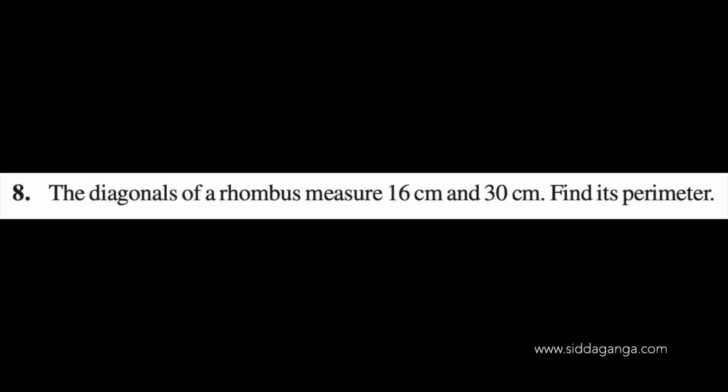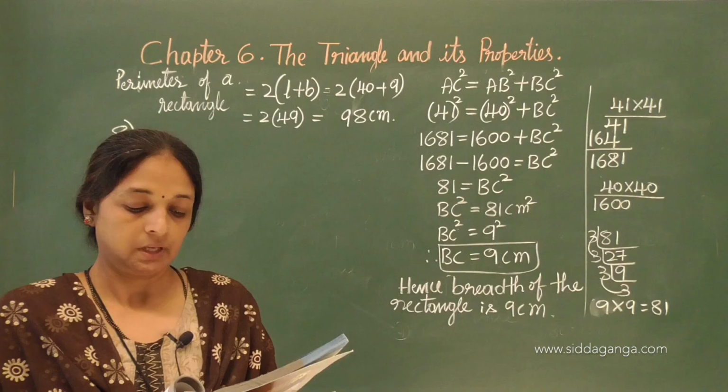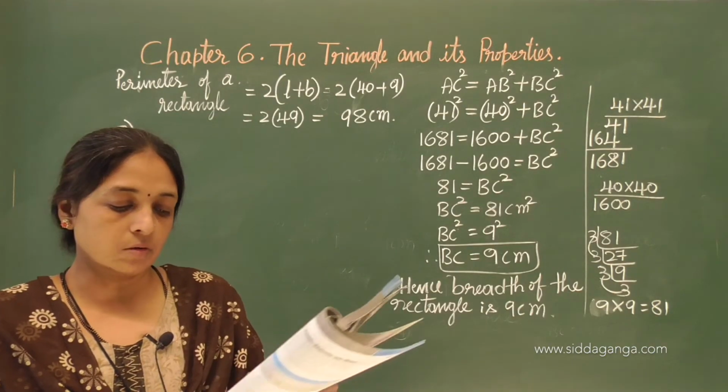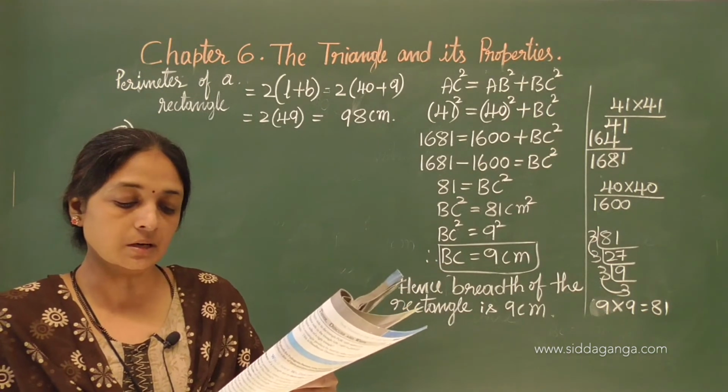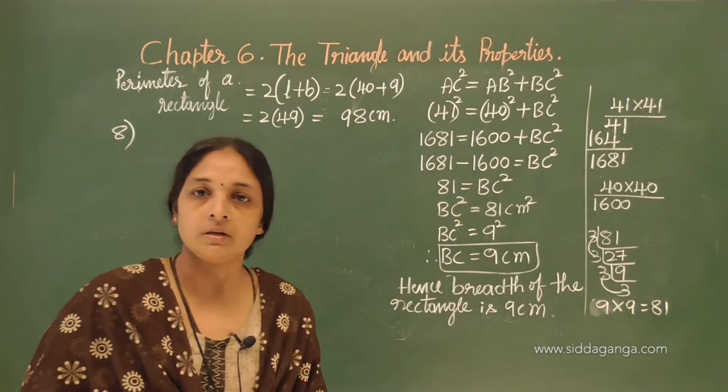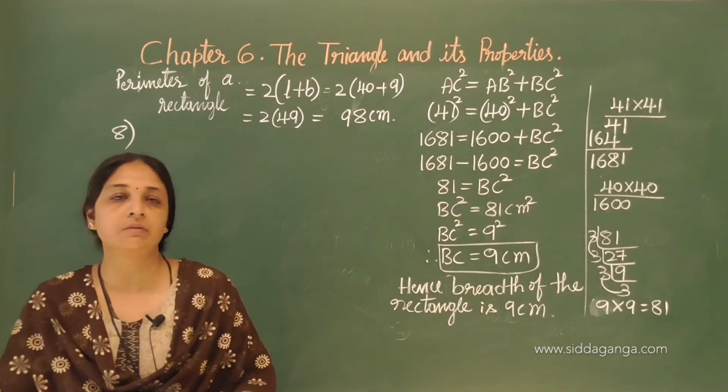The diagonals of a rhombus measure 16 centimeter and 30 centimeter. Find its perimeter. So here also a rhombus is given.